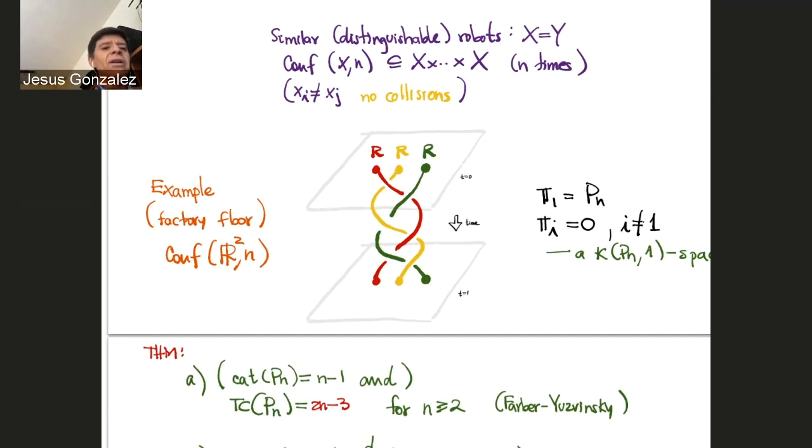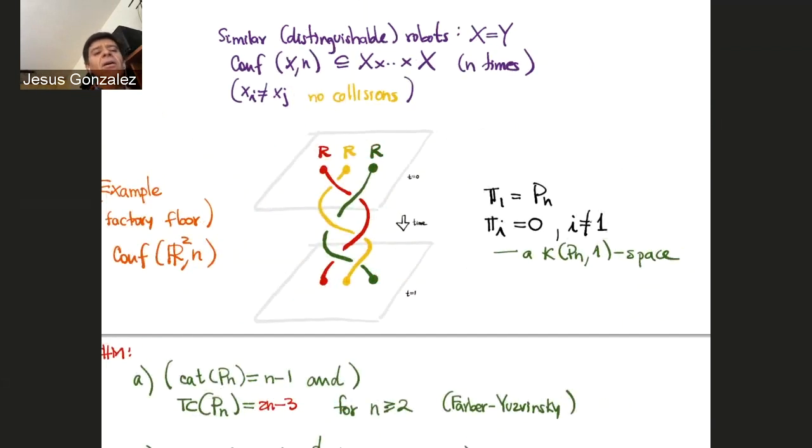Namely, you have here a K(π,1) space. And of course, I said that the topological complexity is an invariant of the homotopy type of the space under consideration. So understanding the topological complexity of this K(π,1) space amounts to understanding the algebraic properties of this group, of this Artin group.